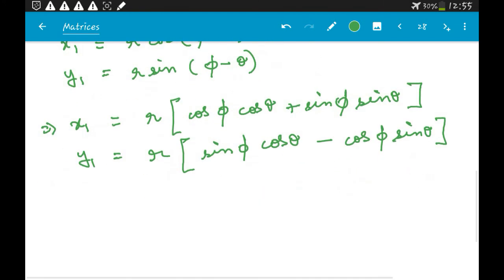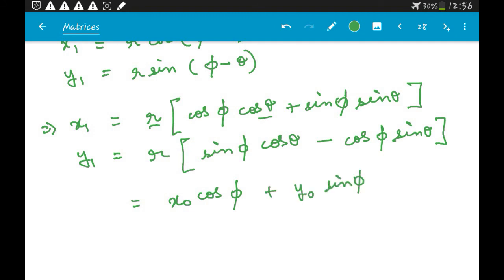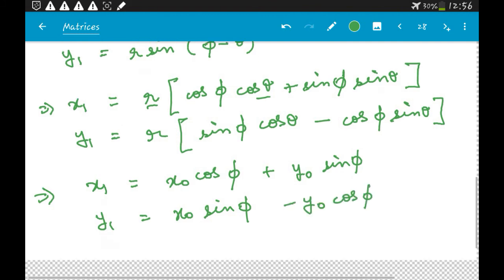Then r cos theta is x0, and r sine theta is y0.